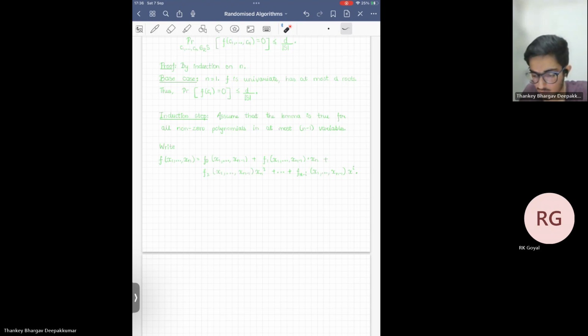It is some polynomial in x1 to xn minus 1. The way I would obtain this is the following: I would look at all the monomials of f of x1 to xn that do not contain xn. So this would be the sum of all those monomials.